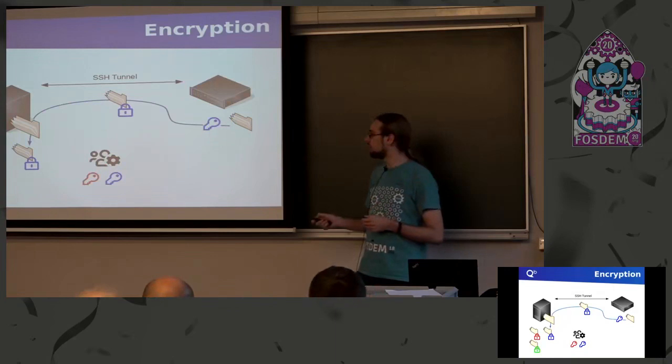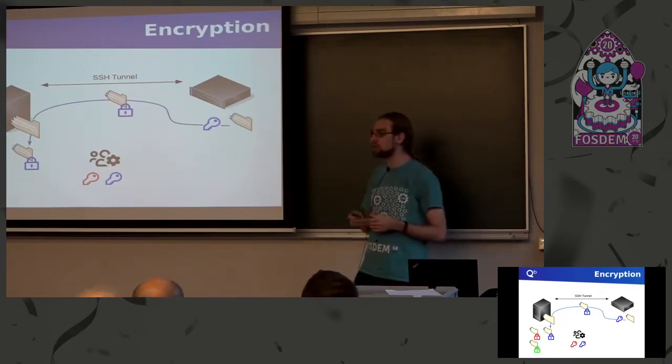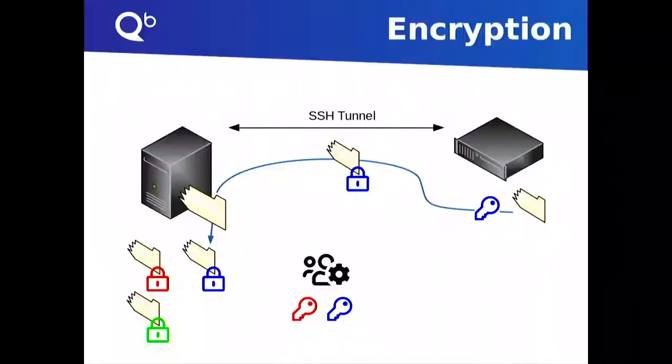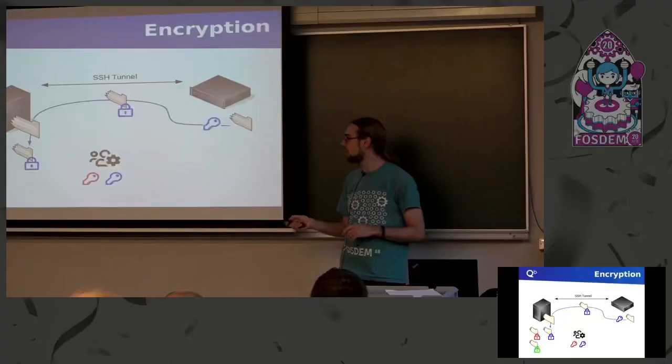But the encryption key is not present on the backup server itself, because we don't want someone finding a vulnerability on the backup server and gaining access to it. We don't want that person to be able to read the backups because it's sensitive information. So we prefer to have the keys stored separately from the encrypted data itself.